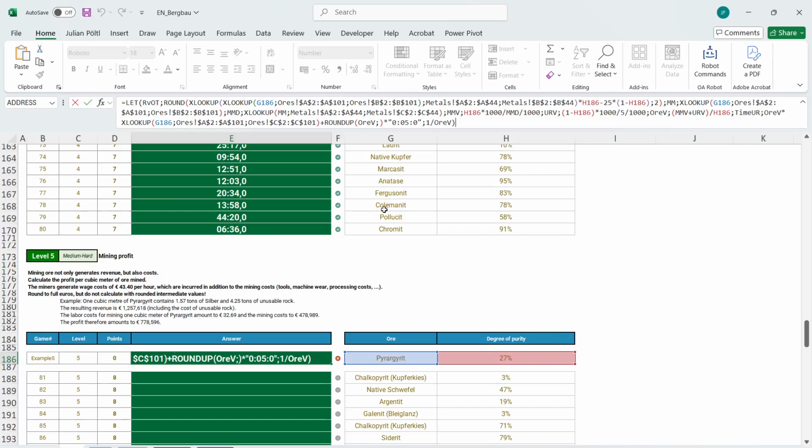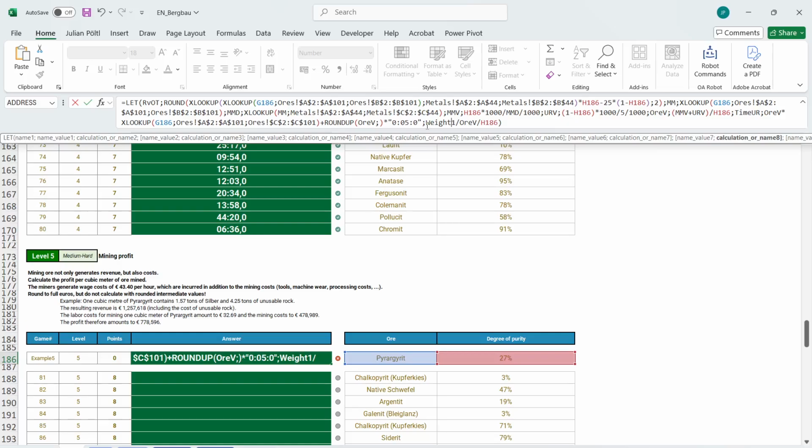but we have unusable rock. Is this then the total ton? Yeah, this is the total tons. This is then weight 1 cubic meter.